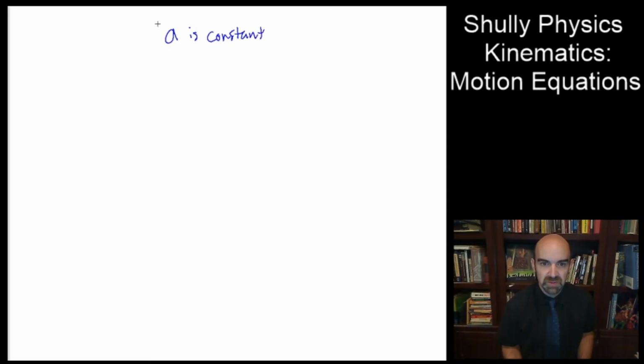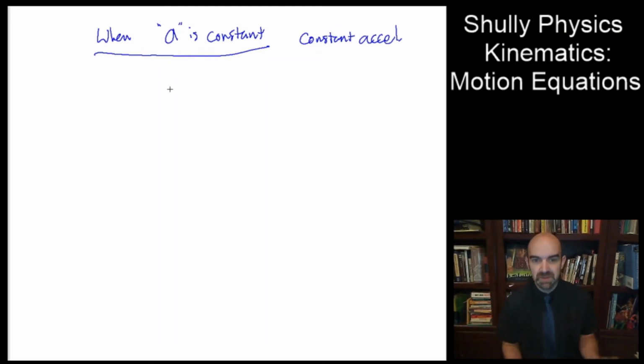So what I'm about to show you, these expressions that we're going to get, are specifically when acceleration is constant. Okay, we call this constant acceleration scenarios. So let's say we have an A. A is constant. Now what I'm going to do is keep this all without extra numbers.